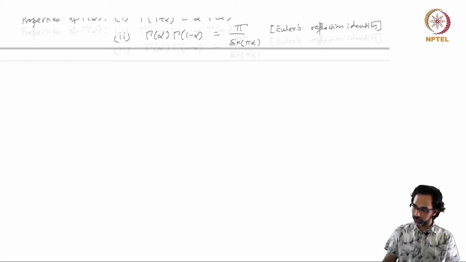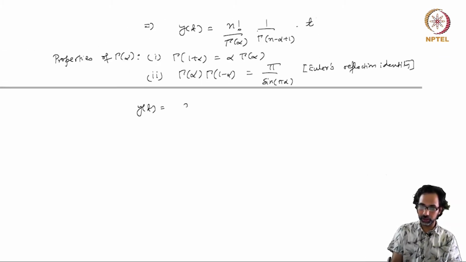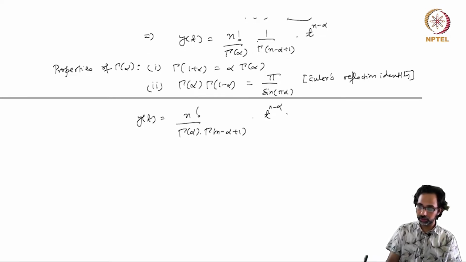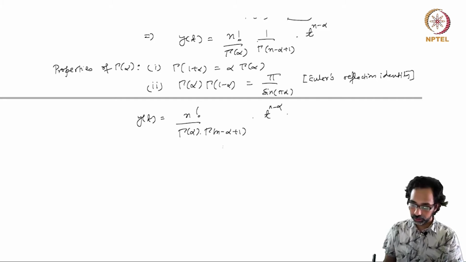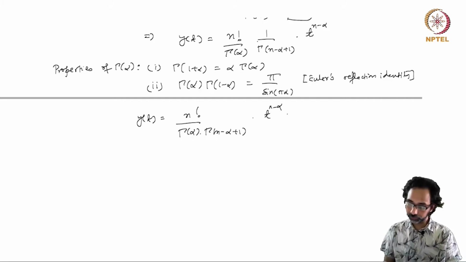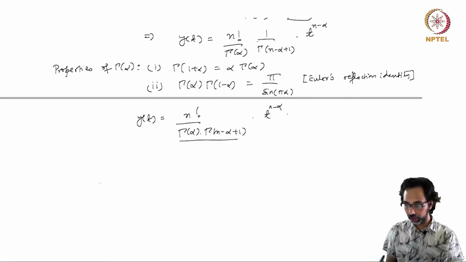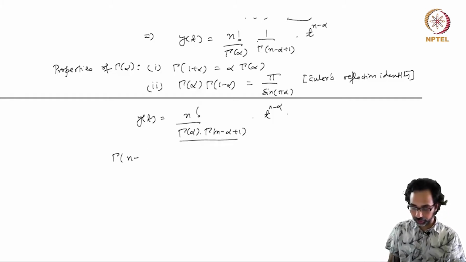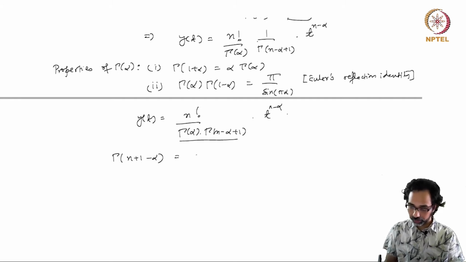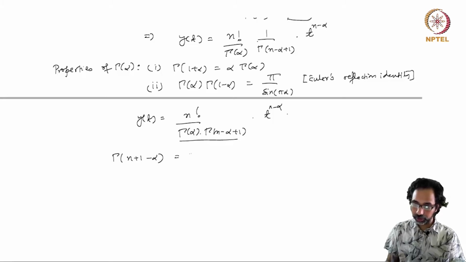So if we use this, we have y(t) equals n factorial over gamma alpha times gamma of n minus alpha plus 1, multiplied by t to the power n minus alpha. Our denominator can be simplified a little bit, because gamma of n plus 1 minus alpha, we will repeatedly use the first property.